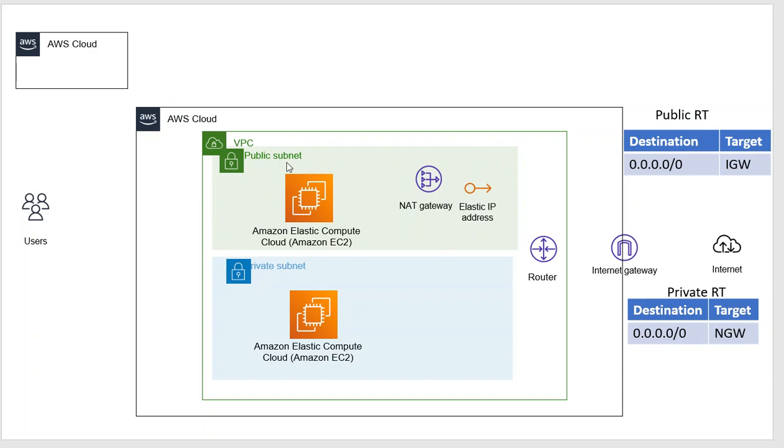Okay, I have architected the diagram, but do you understand how it goes? The request goes. Let us see that. Okay, so let us say this public EC2 is there. Okay, let me copy this diagram.